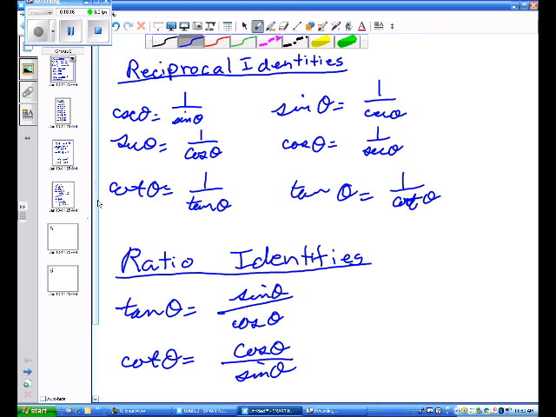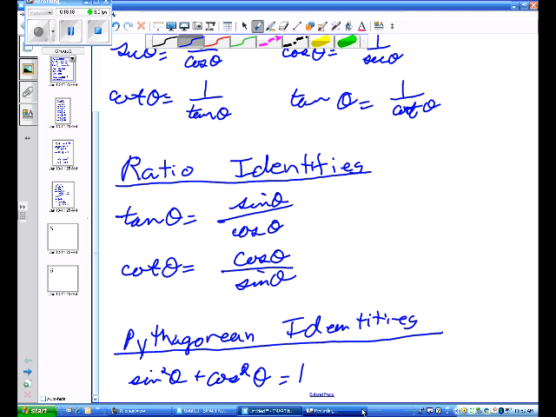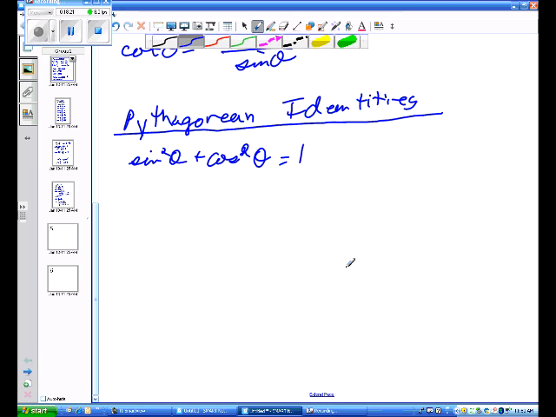So that gives us a second Pythagorean identity: 1 plus tangent squared equals secant squared.